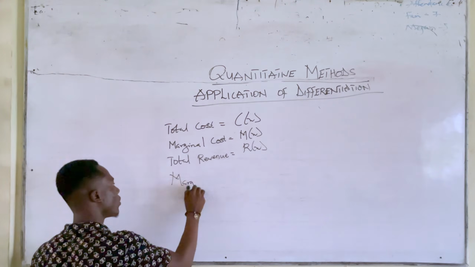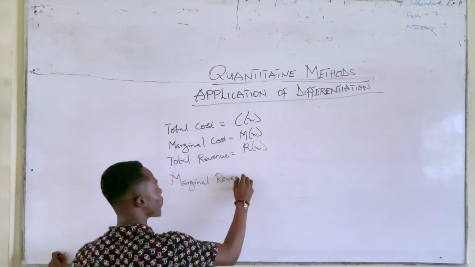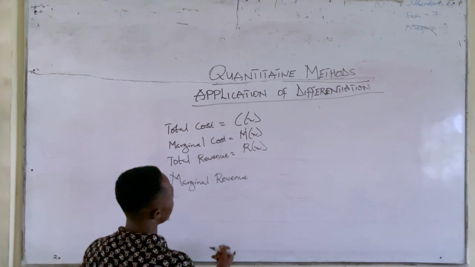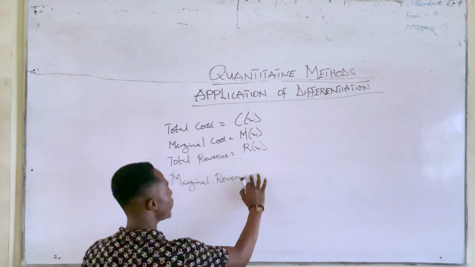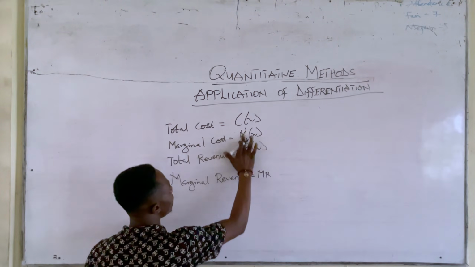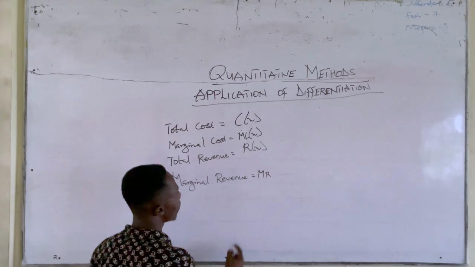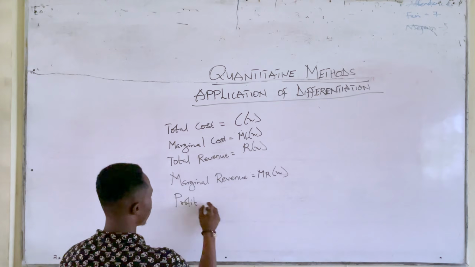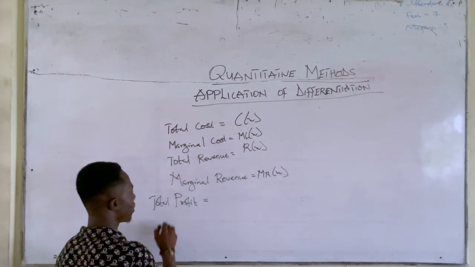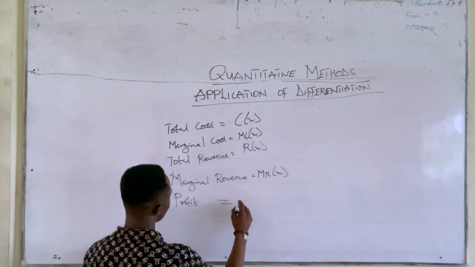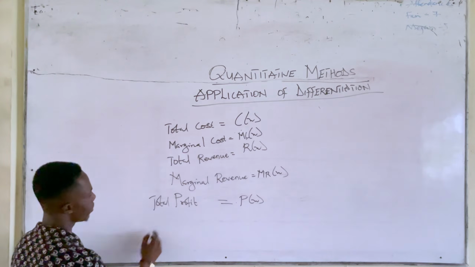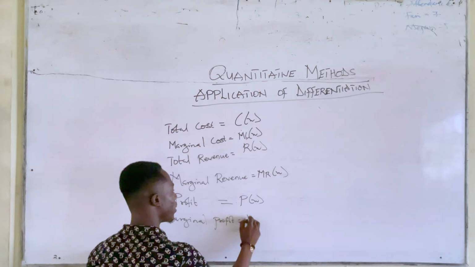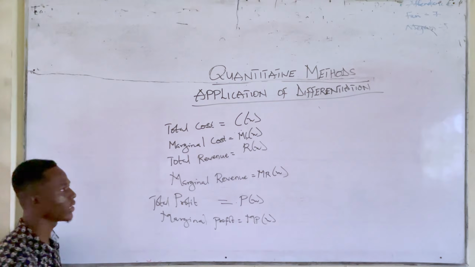Then we have marginal revenue, that is M prime of X. The marginal revenue is MR, and this is MC, and this is MR of X. Then we have profits, or total profits, which is represented by P of X. Then marginal profits, normally you see MP of X. So these are the terms that we are going to look at.